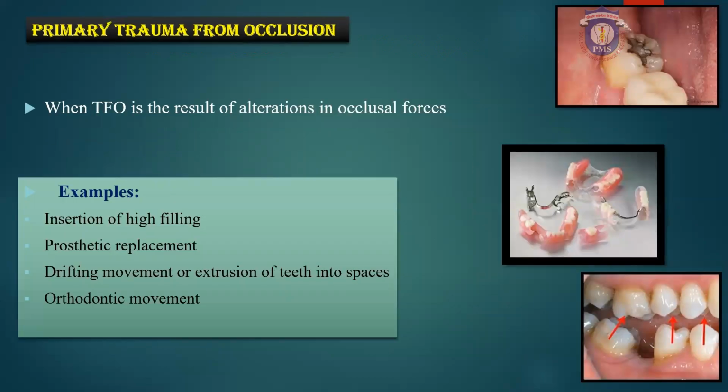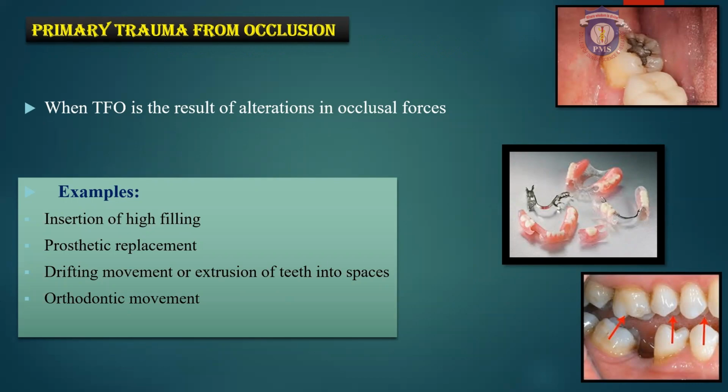According to the nature of the cause, based on Glickman's classification, trauma from occlusion can be classified as primary and secondary trauma. So what is primary trauma from occlusion? The primary etiologic factor is the alteration in occlusal forces. When trauma from occlusion occurs as a result of alteration in occlusal forces, it causes primary trauma from occlusion.